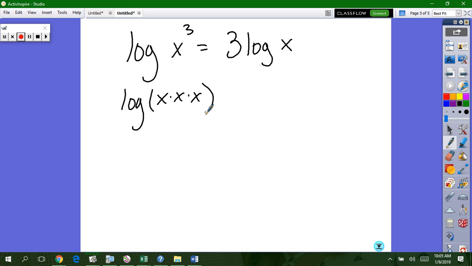Correct? You guys agree with me? What do I see there? Multiplication. So what am I going to do? Addition. Which is how many log of x's?